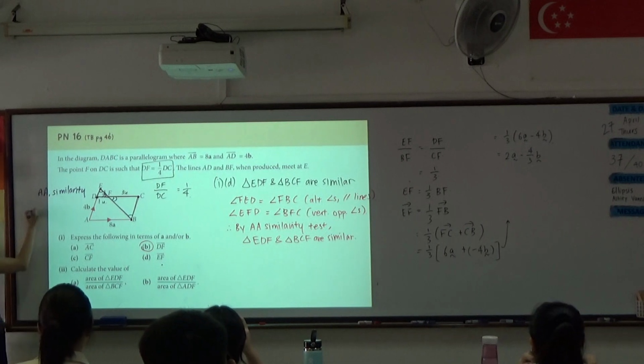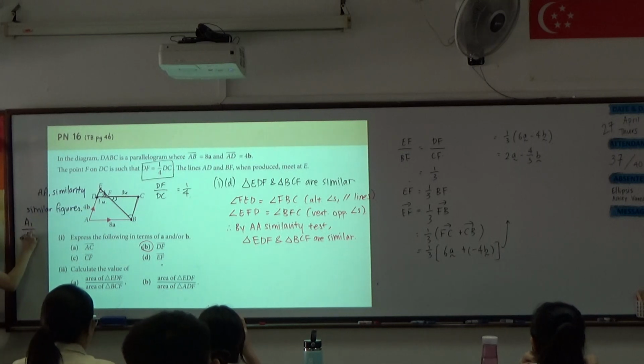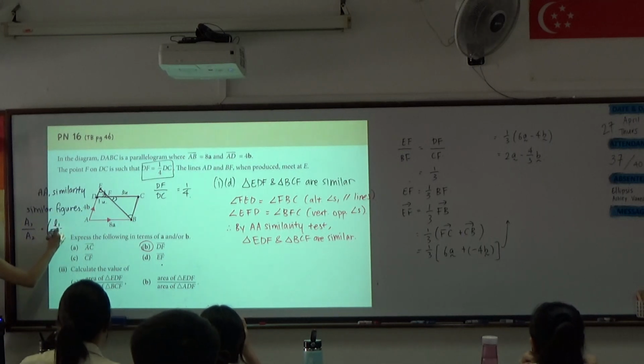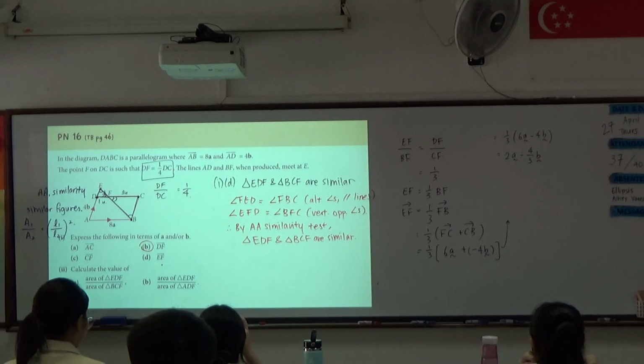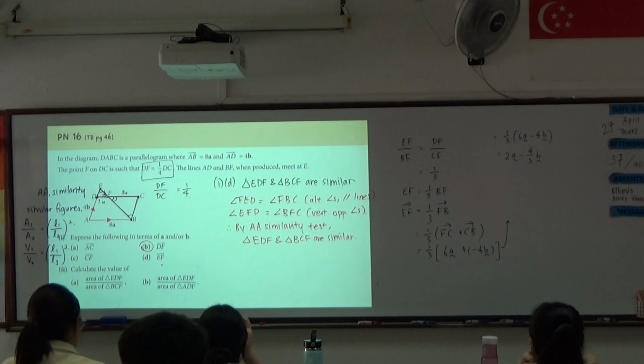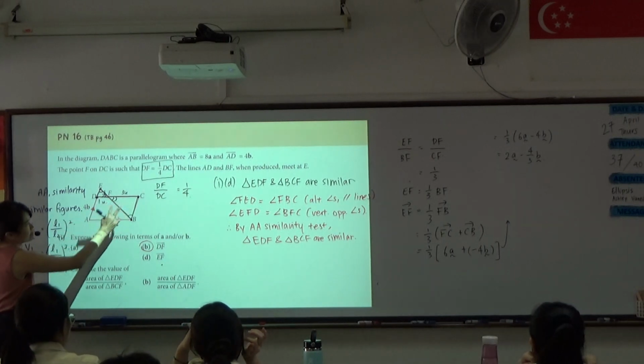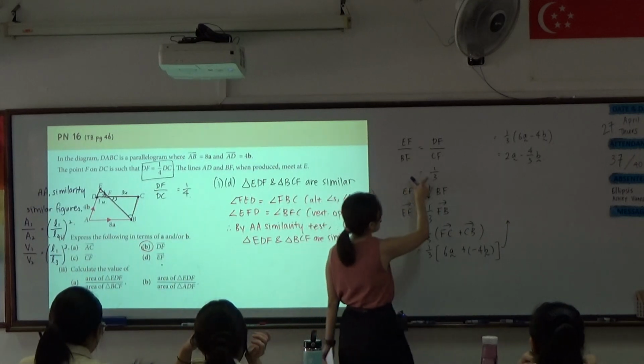Remember that? So for similar figures, A1 over A2 equals L1 over L2 squared. If you remember formulas like that. And then for volume, we know that it will be cubed. That was what we learned last year. So in this case, we already know that the ratio of the length over here is 1/3.